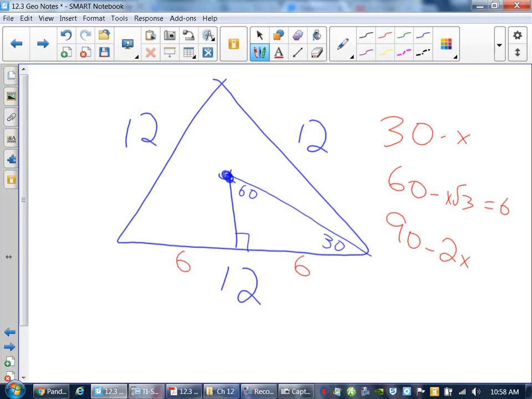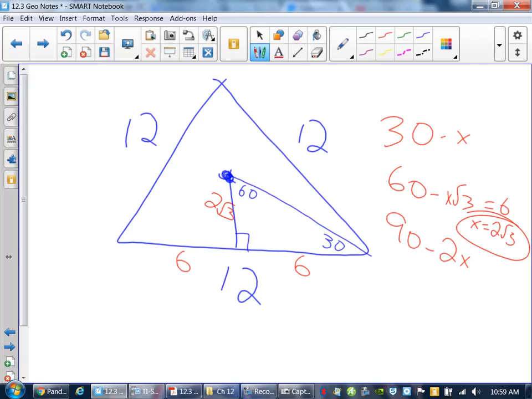What's the something? How do you undo times? Divide. So if you take 6 divided by the square root of 3, you get 2 root 3. Are we okay with that? That creates your apothem.